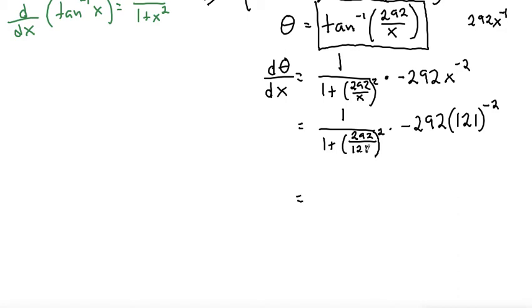So let's start by working from the inside parentheses out. 292 divided by 121 is a decimal, 2.41.